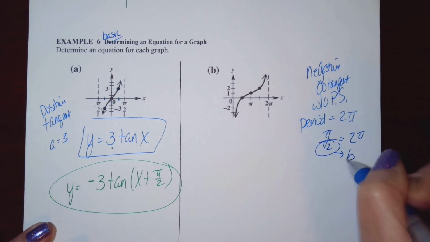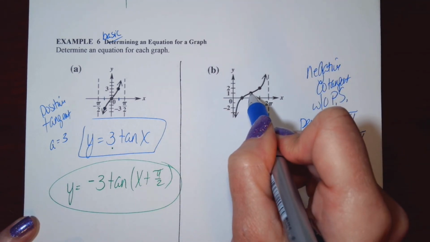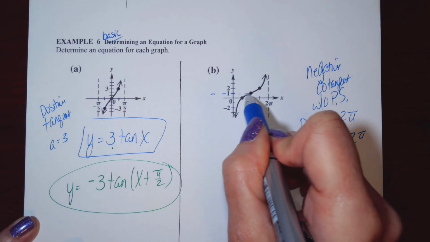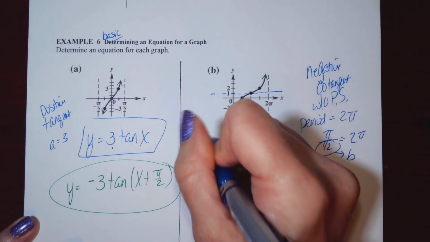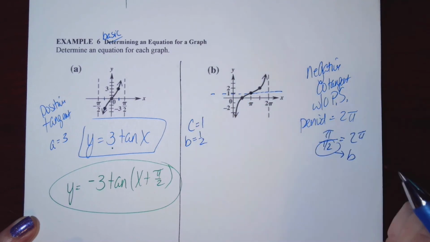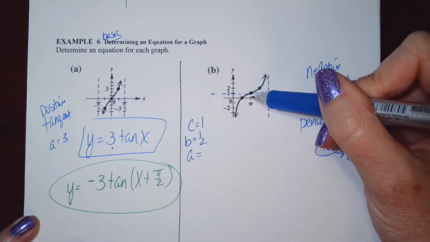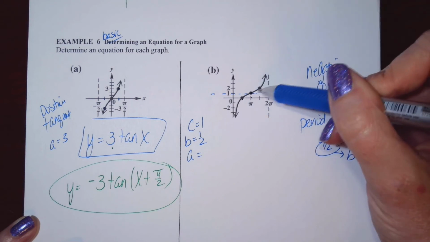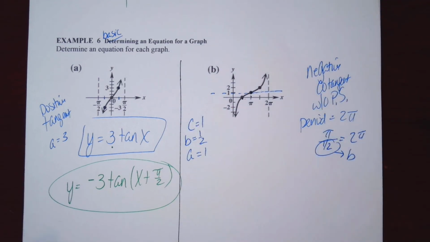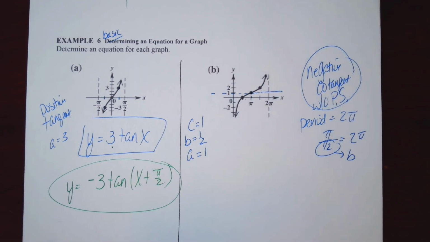So this is the value I need to plug in for b. What else? Do you see anything else? My center value is at 1, so c is 1. We said b needs to be 1/2. What about a? Well, if my center is at 1, my quarter function values are at 0 and 2, so a is just 1.